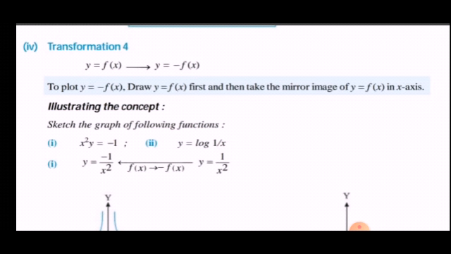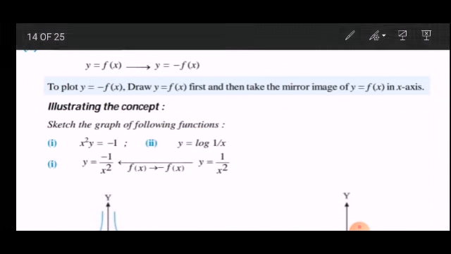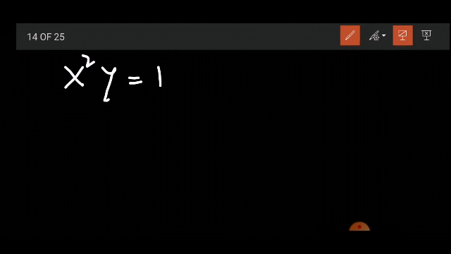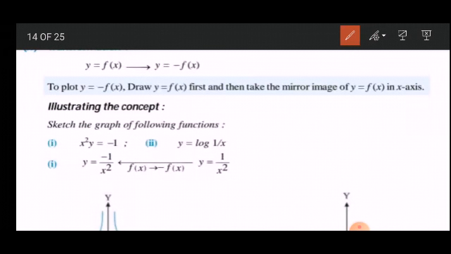So let's say we are interested in finding the graph of x square y equal to 1. Let's see one more example, x square y equal to minus 1.